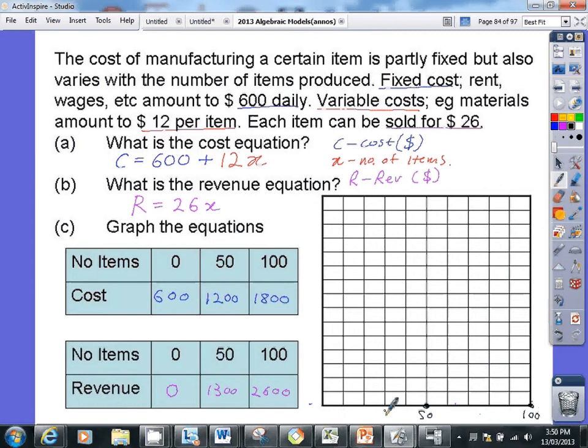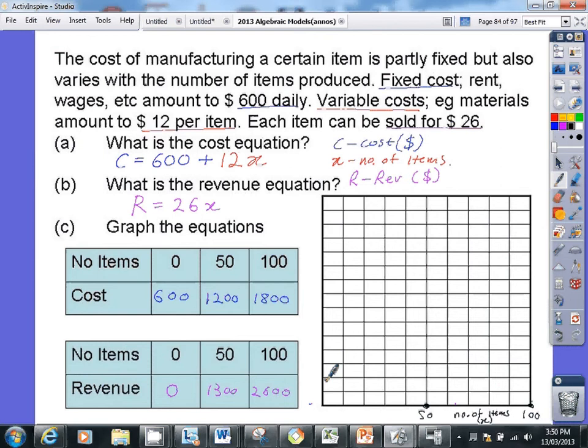Mine's a little hard to squeeze in here, but I'll put it down here. We've got number of items, x, along that axis. And up along here, we're going to go up to 2,600.